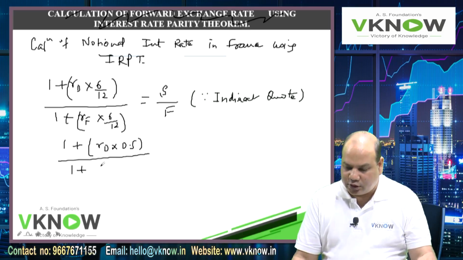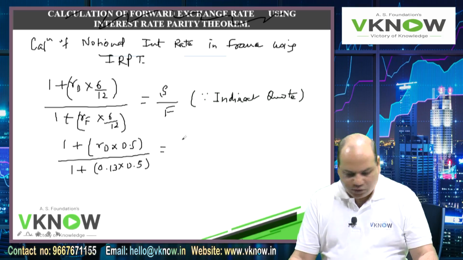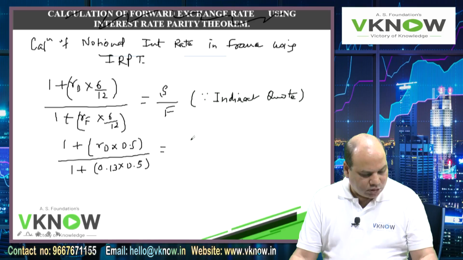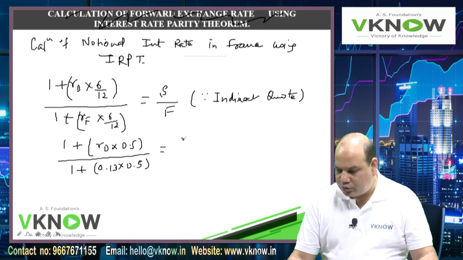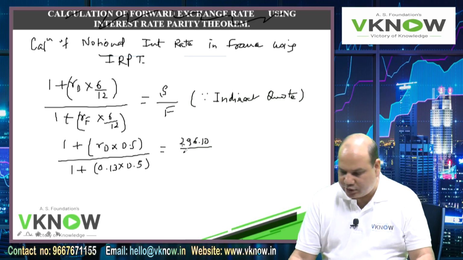Italy is the foreign country. 0.13 into 6 by 12 means 0.5, and that is equal to spot rate 296.10 and forward rate 297.80 given.